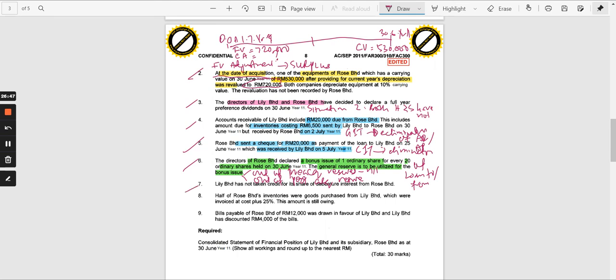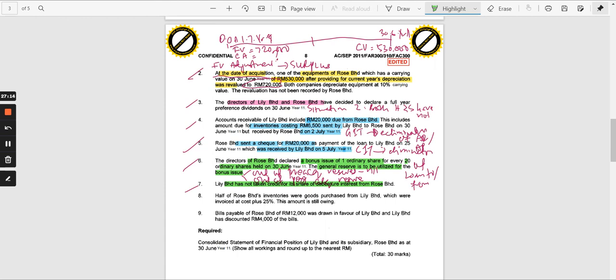Next is item number 7, where you have the information saying that Lily has not taken credit for the debenture interest from Rose. So meaning to say that Rose has already declared the debenture interest, which is income from the point of view of Lily. However, Lily has not taken credit.